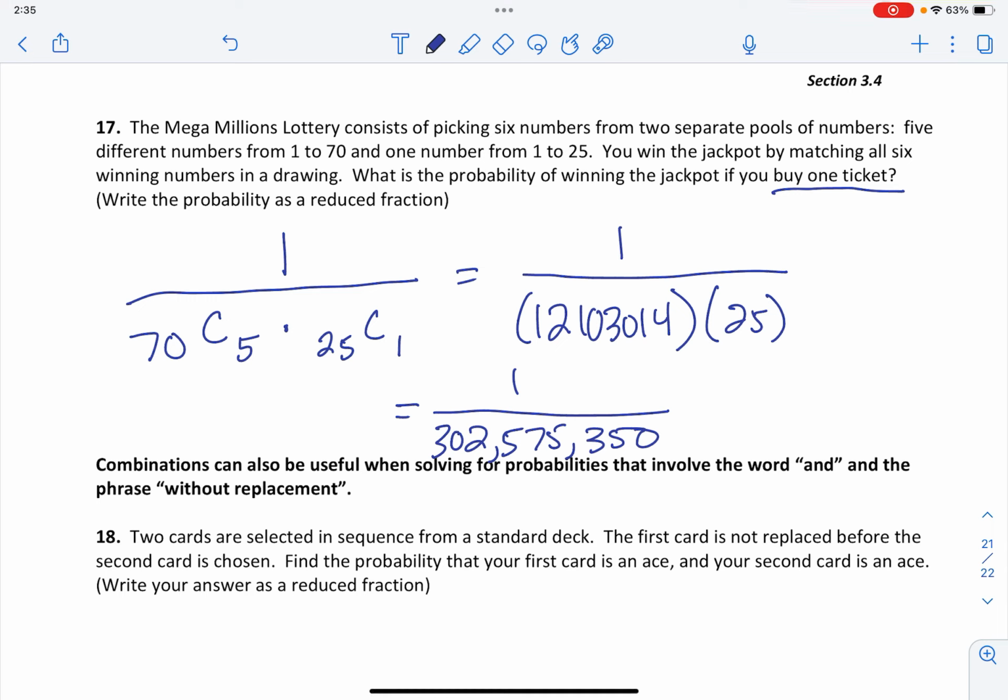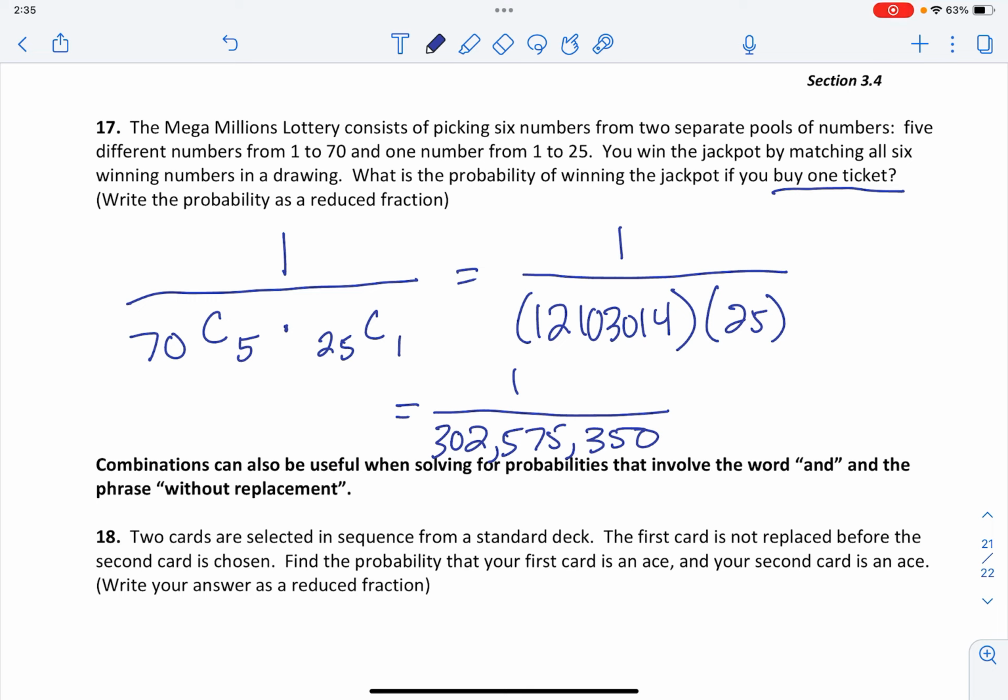And that is what the Mega Millions lottery website says is the probability of winning the jackpot. It might have changed. I know they changed their ticket to like $5 recently or something like that, but that's how it used to be. Anyway, a very slim chance, 1 in 300 million, to win that jackpot. That's why nobody ever really wins. Someone's got to win, I guess.